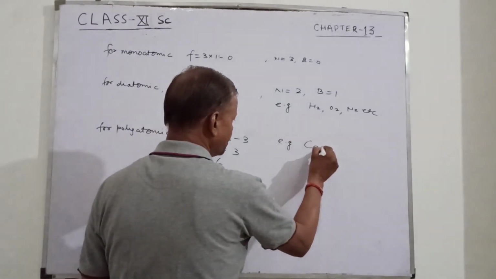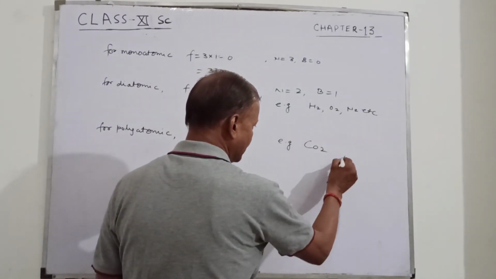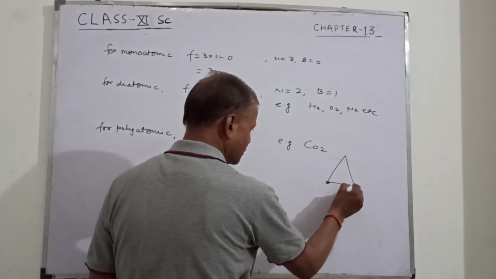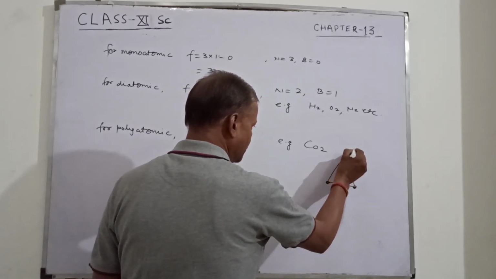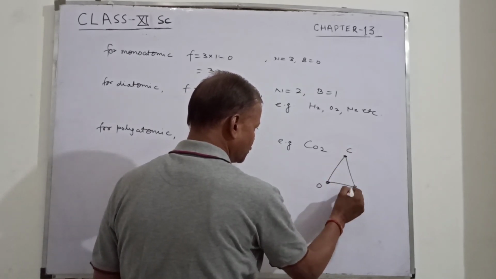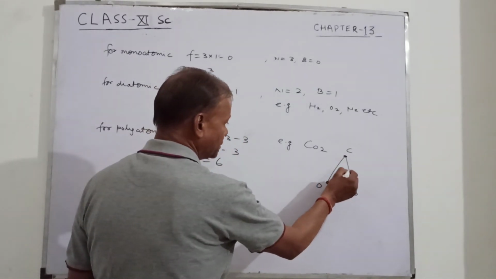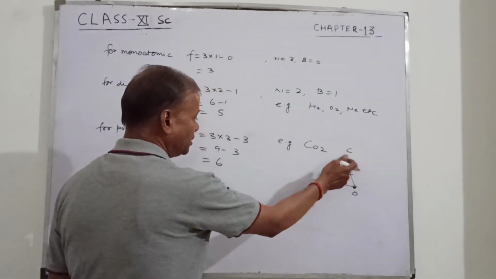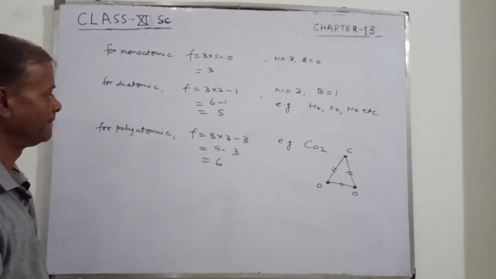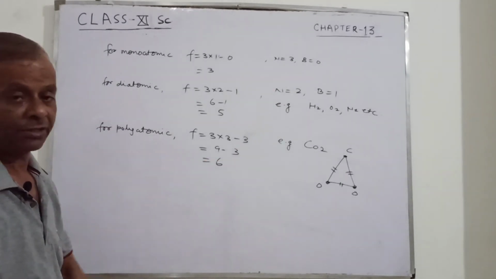For example CO2, if it is like this: this is carbon, this is oxygen, this is oxygen. So we are having 3 number of bonds. This is the triangular structure.